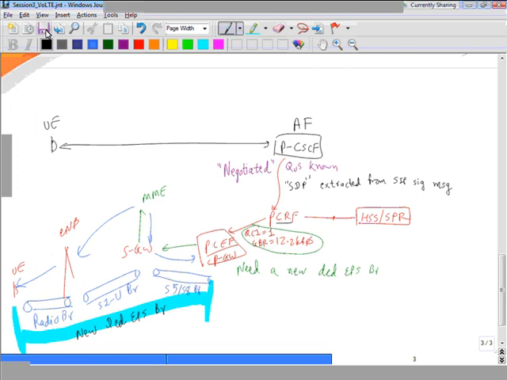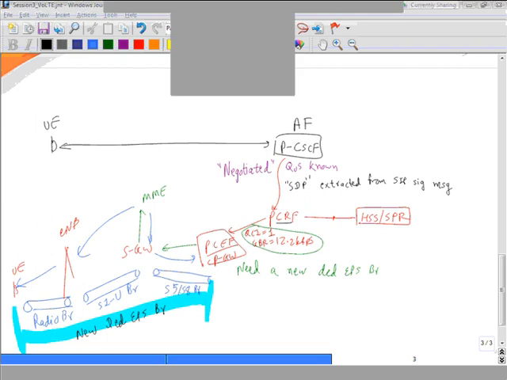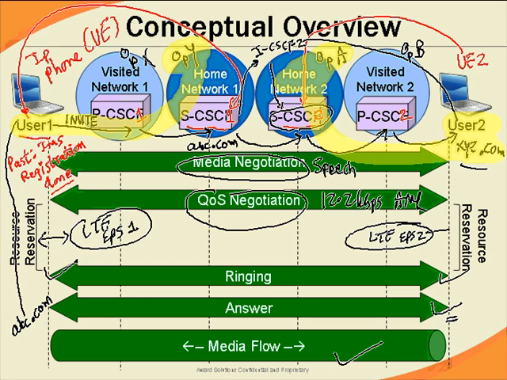So UE cannot make a request for a dedicated bearer, as you correctly remember. Okay. That's the reservation of QoS initiated by proxy, and then PGW sets up basically a new EPS bearer, dedicated EPS bearer. Okay, so those are the steps. Let's go into the details of those various steps.